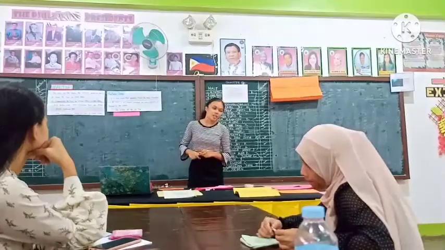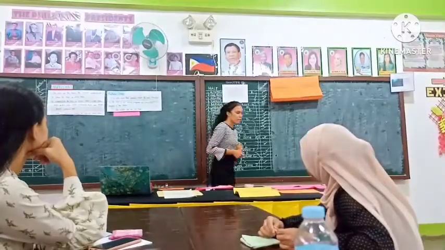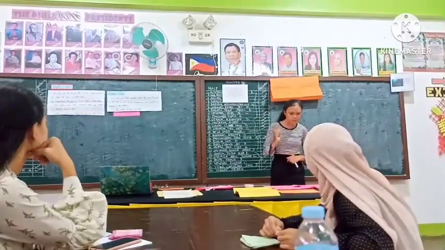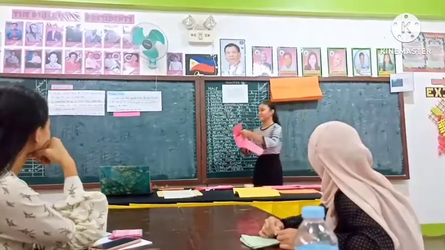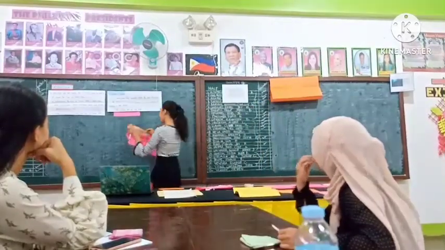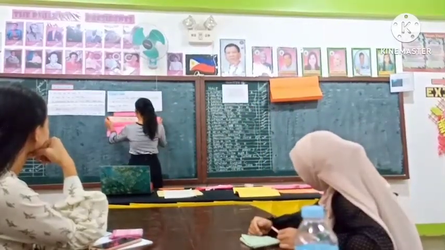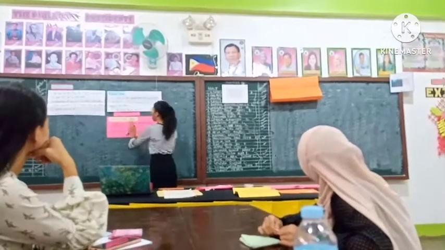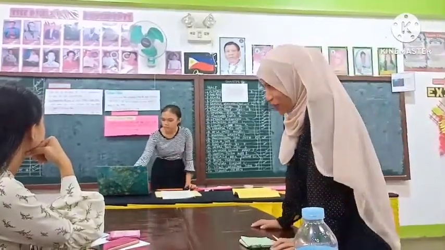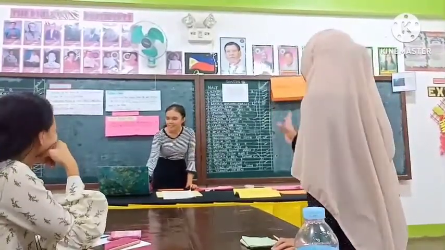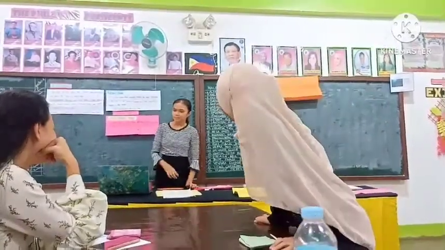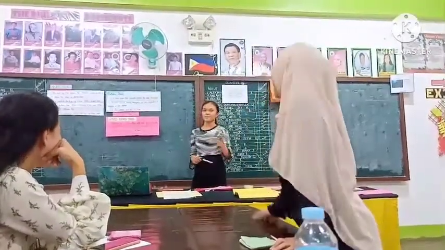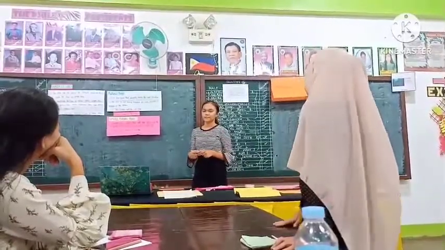So there are types of future tense. The first one is simple future tense. Okay, Isabel, please read. Simple future denotes an action that will take place in the future.